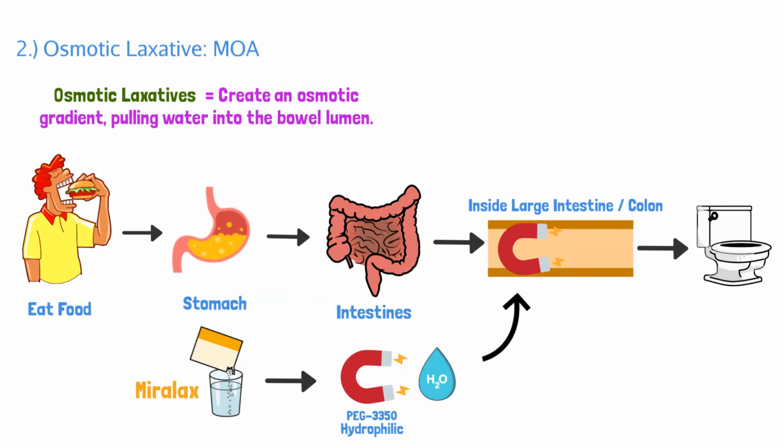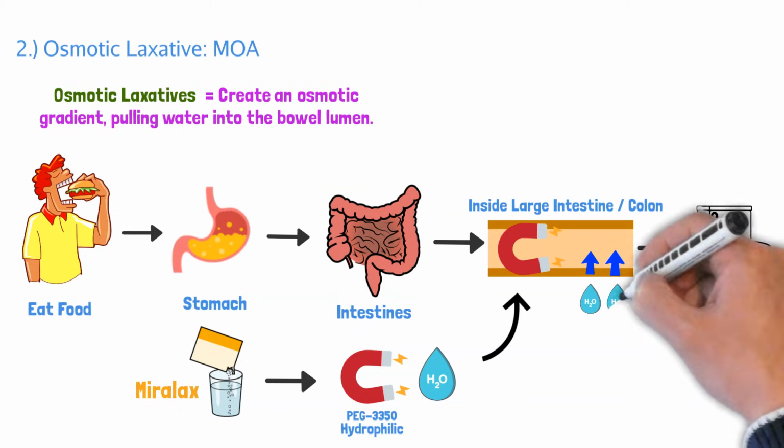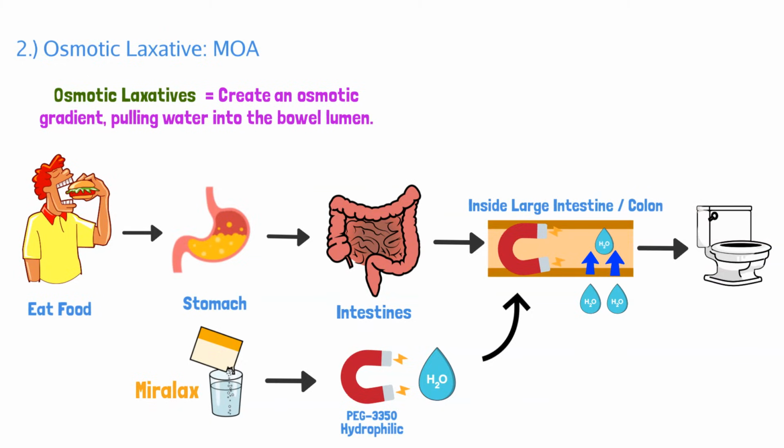Basically, it stays in the large intestine eventually until you pass it. So if you have this Miralax acting as a magnet that doesn't get absorbed, it stays in that large intestine. The magnet stays in the colon until you pass it. And while it's there, you guessed it, it's pulling in water. It's hydrophilic, means it likes water.